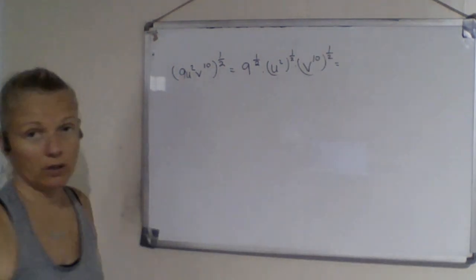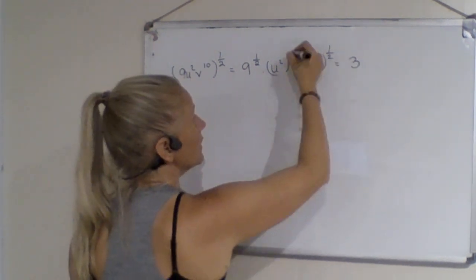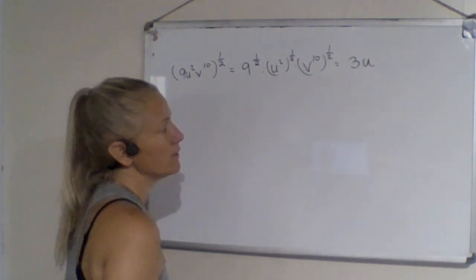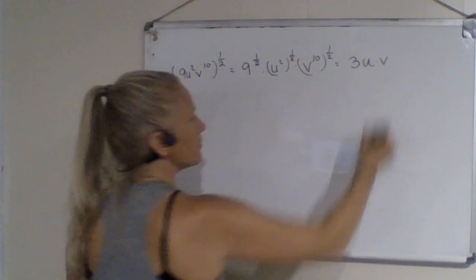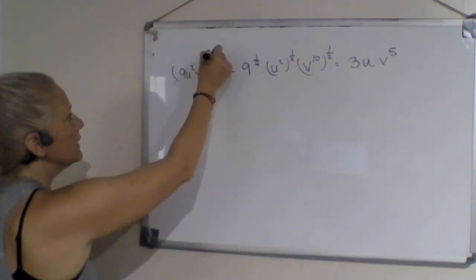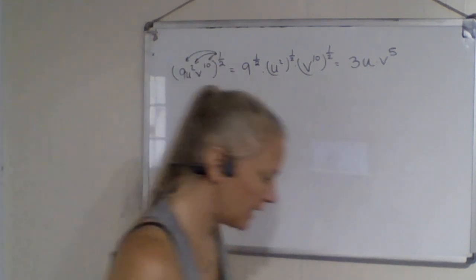This one, put in your calculator. That's going to give you 3, because that's the square root of 9, which is 3. 2 times 1/2 becomes u to the first power. I don't have to write the 1. Times v, 10 times 1/2, v to the 5th power. We just apply the distribution property and then work it out from there.